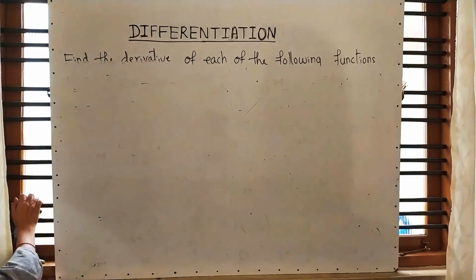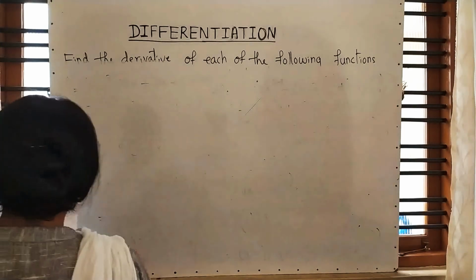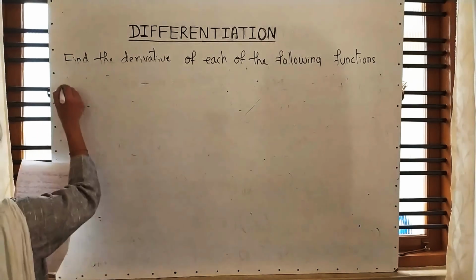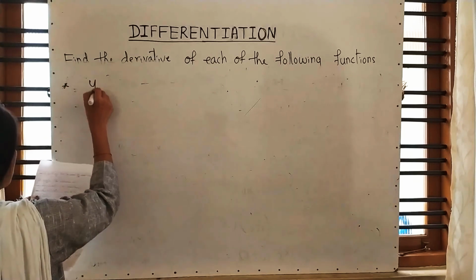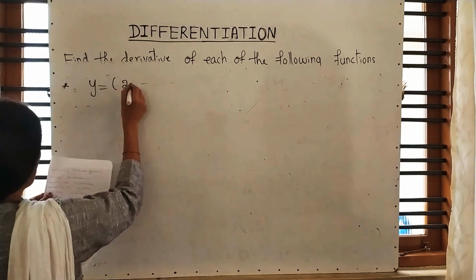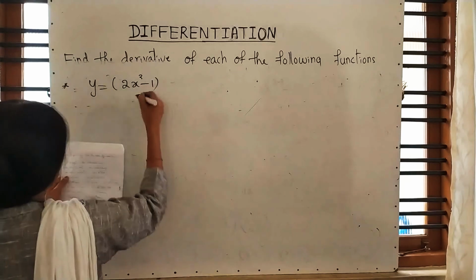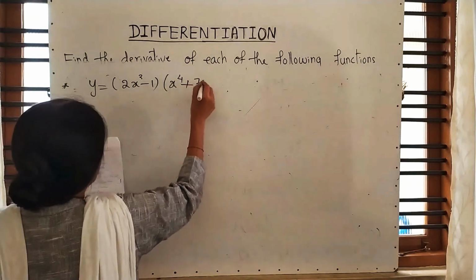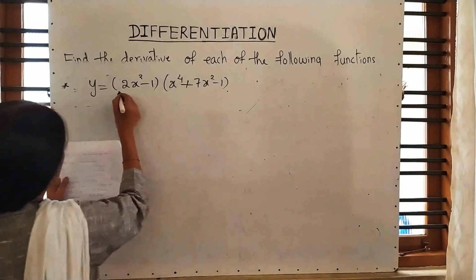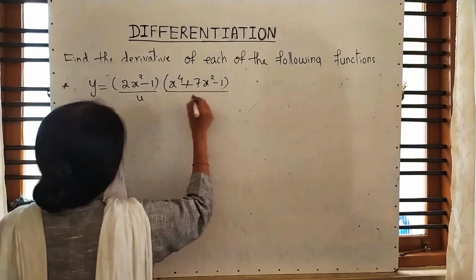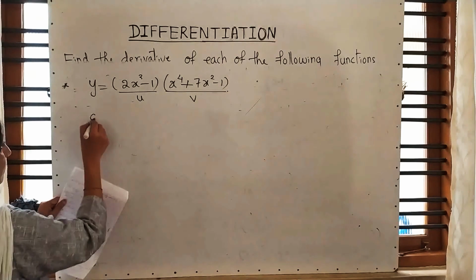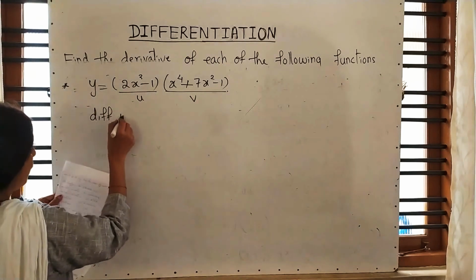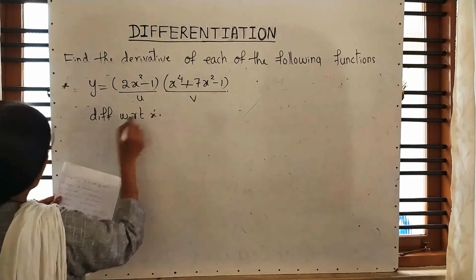Please write the question number correctly, and I will give the star mark here. Y is equal to 2x cube minus 1. See, this is U, this is V. Differentiating with respect to x.